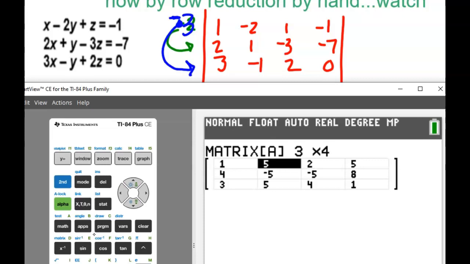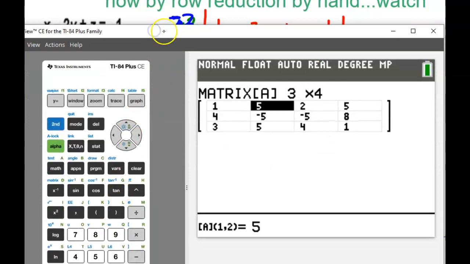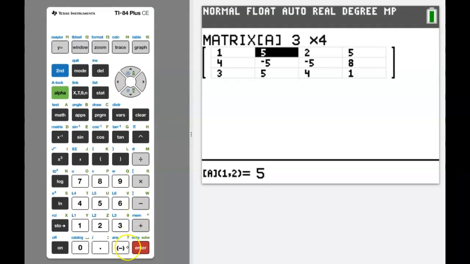If it messes up, you can go back to the box and type over the top. Negative 2, oh, darn it. This is not going to work for me. Negative 2, enter. Then what is it? Can someone read it nice and loud? 1, negative 2. Thank you. Next one.